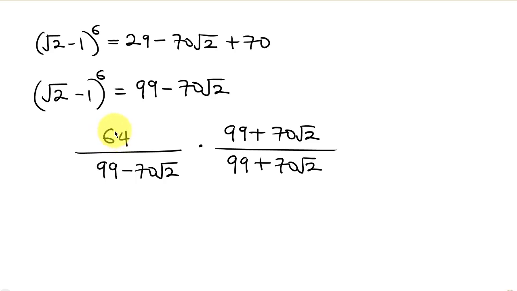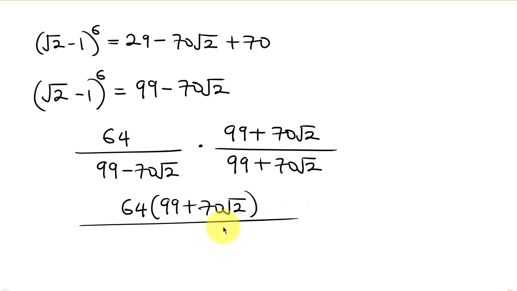Now, this expression, 64 times 99 plus 70 root 2, can be written as 64 times 99 plus 70 root 2. Very good. All over, now the denominator, this times this, is 99 minus 70 root 2 times 99 plus 70 root 2.